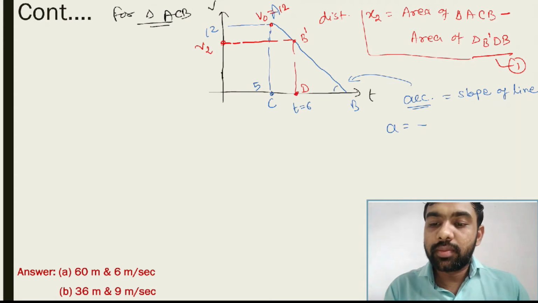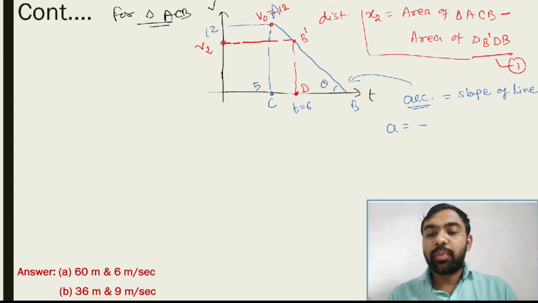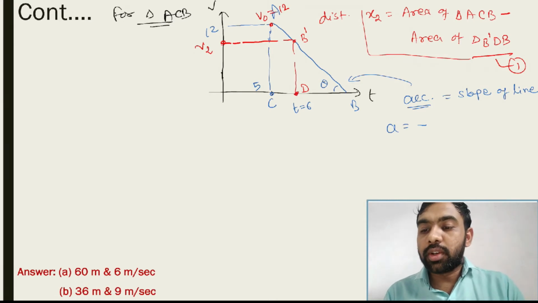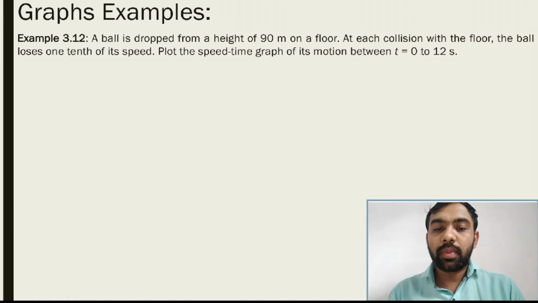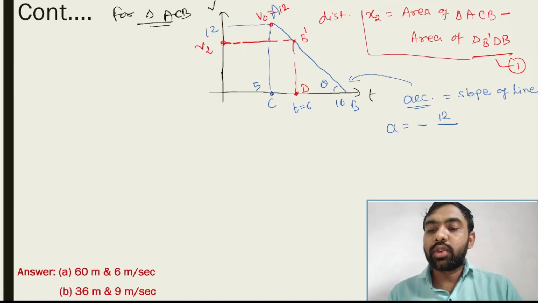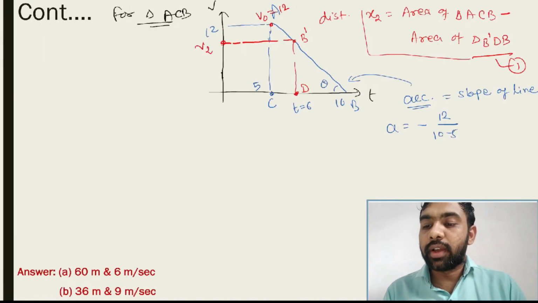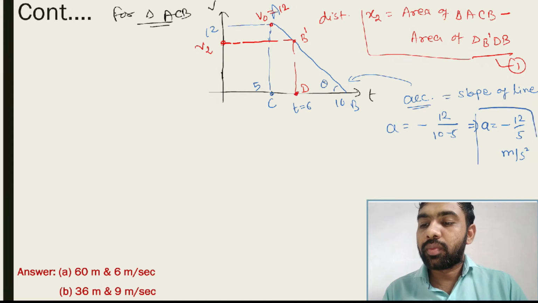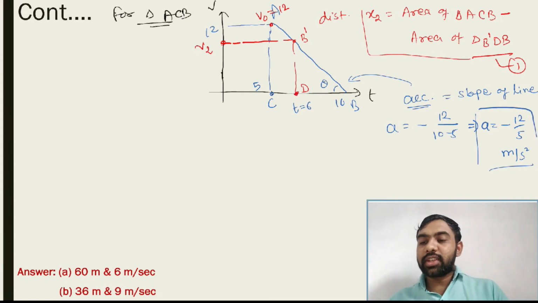Consider that angle theta. So acceleration is opposite, 12, upon adjacent, 10 minus 5. So A is equal to minus 12 upon 5 meter per second squared. So acceleration is known, everything is known.